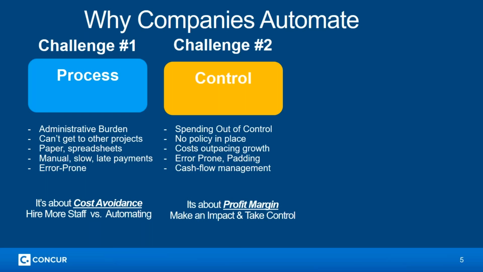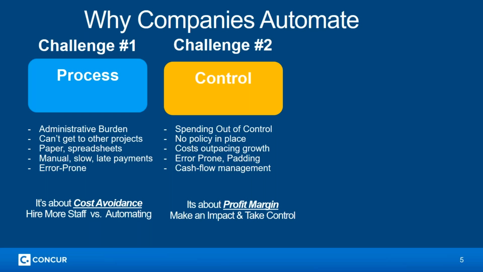I talk to a lot of organizations that say they are able to see the spend violations on the back end after employees have spent money on the corporate card, but it's really hard to fix it at that point, right? So what they're looking for is, how do we control spend before it happens, instead of slapping wrists on the back end. So this is looking at getting policies in place, fixing some of that error prone process.